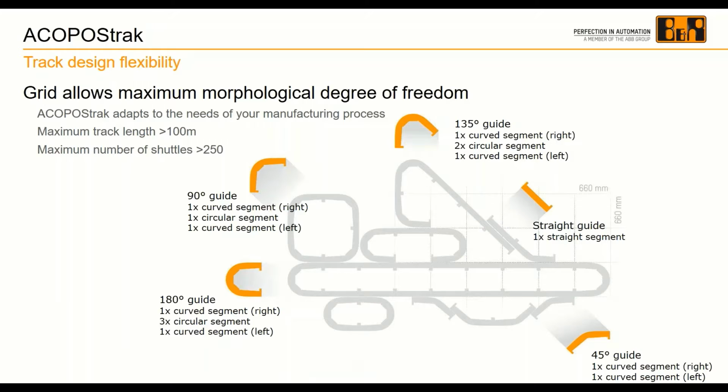You can see in this example here, we've got different guides and segments that you can use to build up a complete system. You can have more than 100 meters of track length, more than 250 shuttles, so you really have a lot of flexibility in the manufacturing design.